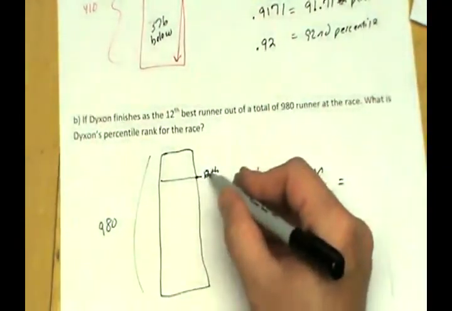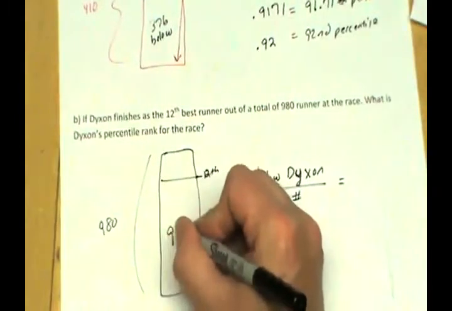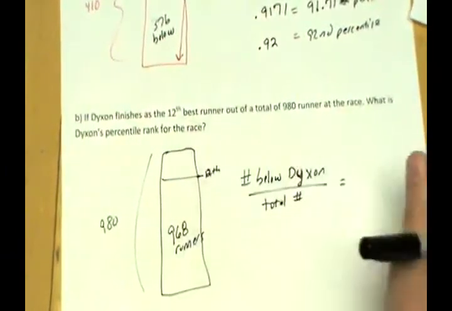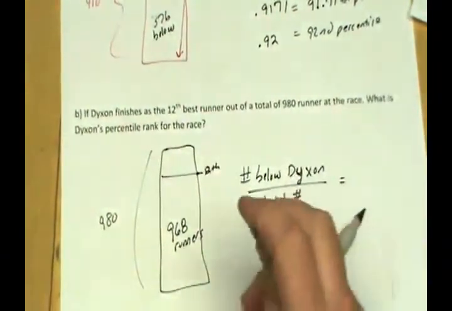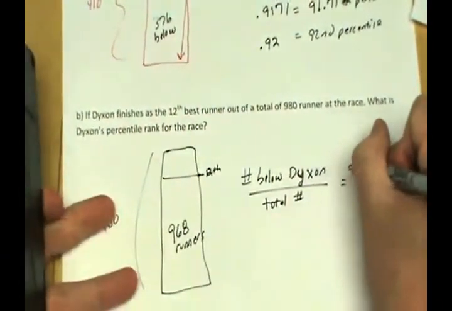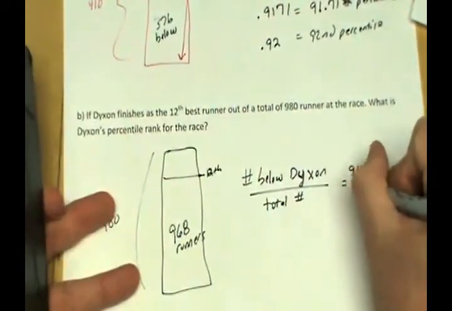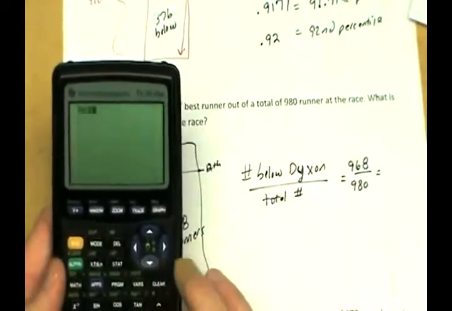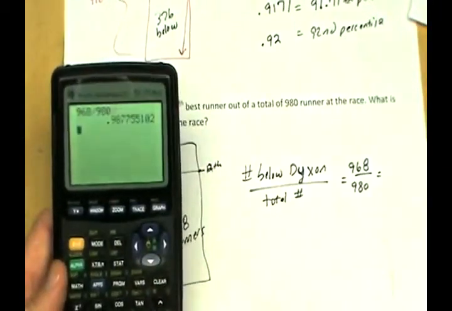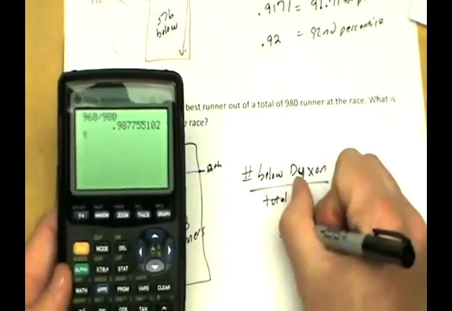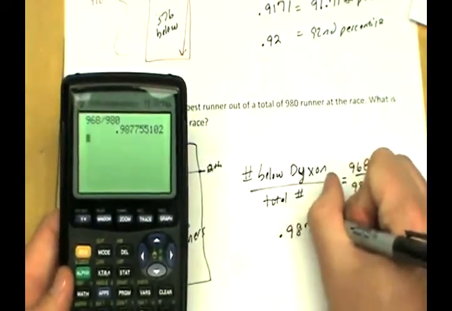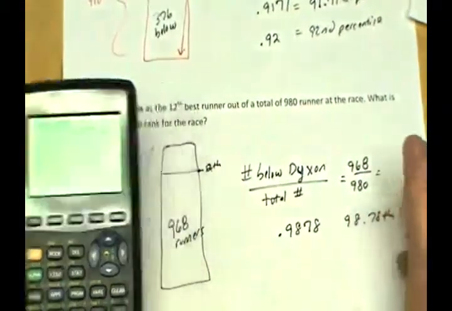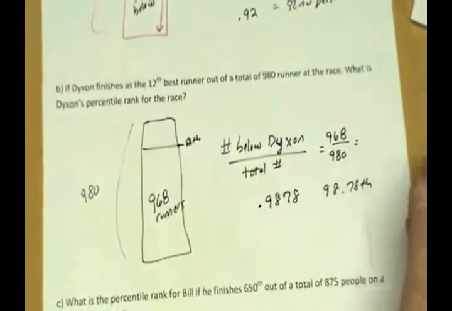If we're 12th, there's going to be a total of 968 runners after Dixon finishes, since he finished 12th. So the number below would be 968. That's over the total, which is 980. So 968 divided by 980 is 0.9878, 98.78 percentile.